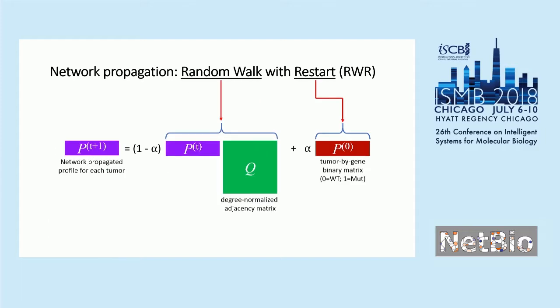The random walk works like iteratively multiplying this P matrix against the Q matrix. With a small probability of restart, the random walk will restart at the initial state P0, which is the binary matrix. This equation is applied iteratively until it converges at a state where P(t+1) equals P(t), representing the network-propagated mutation profile for each tumor.